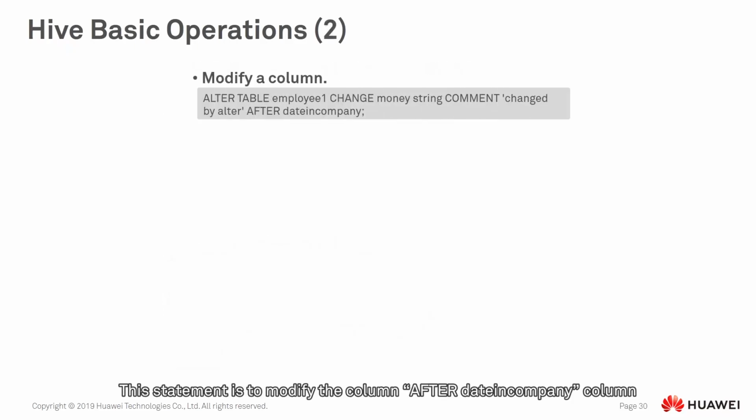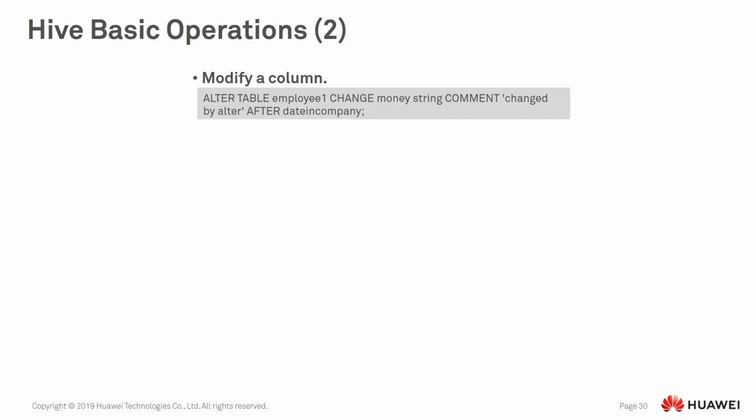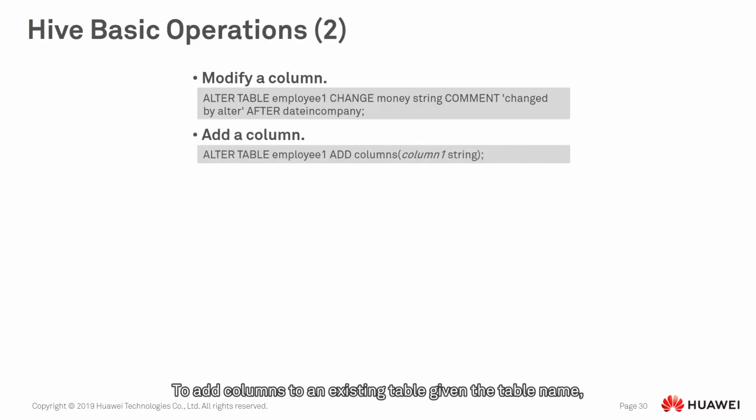This statement is to modify the column after the date in the company column into money with string type and this comment. To add columns to an existing table, give the table name, the column name, and its type.